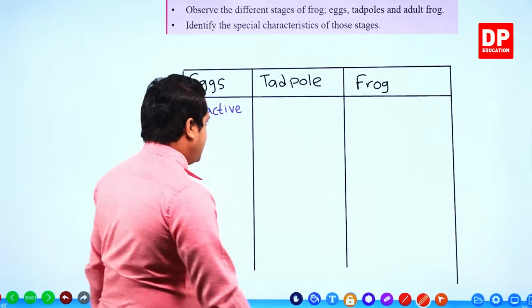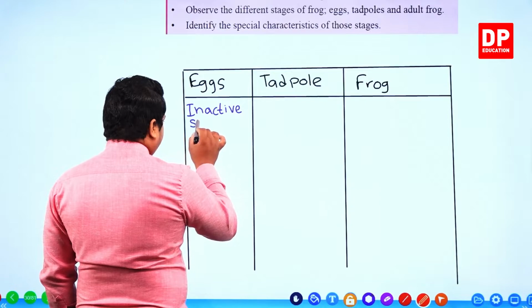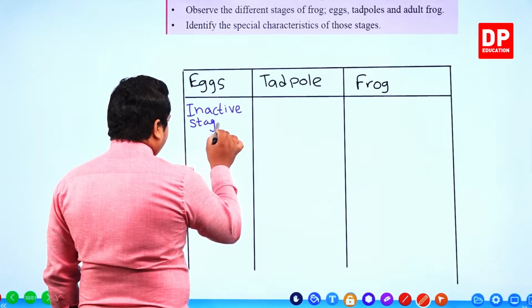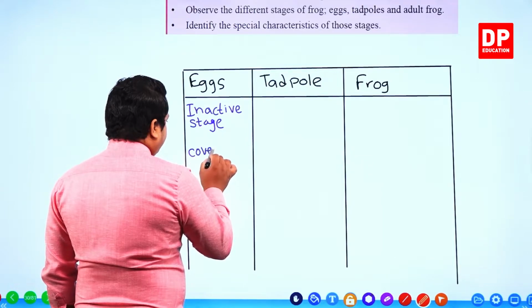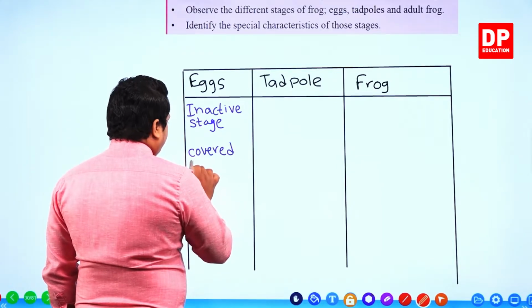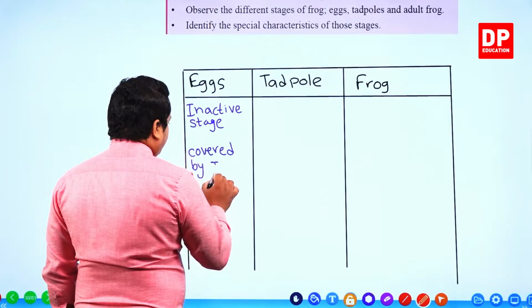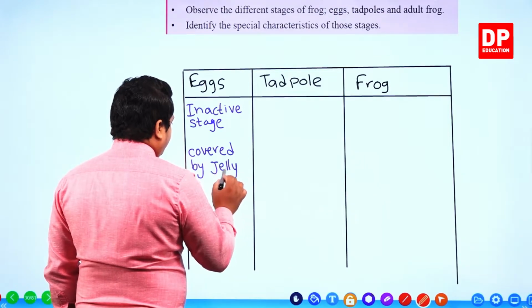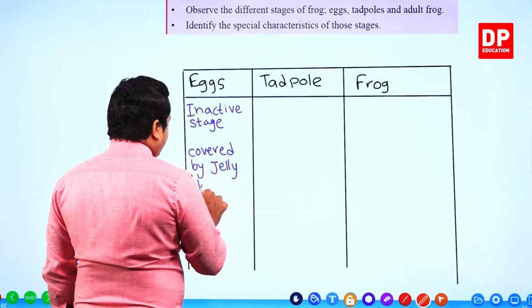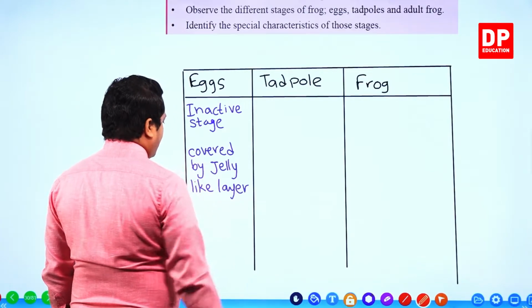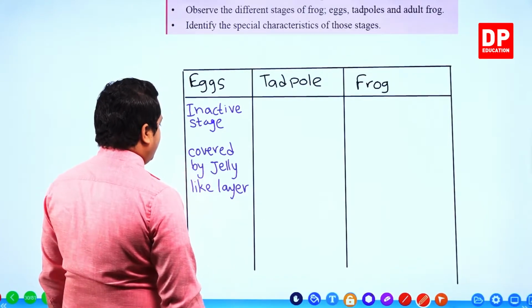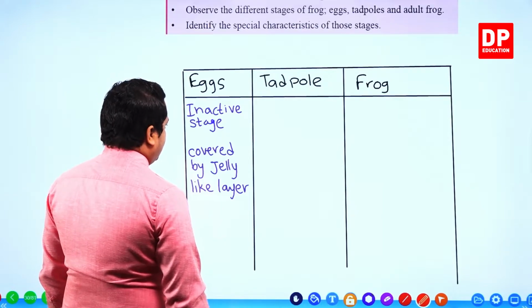Then they are covered by a jelly-like layer.